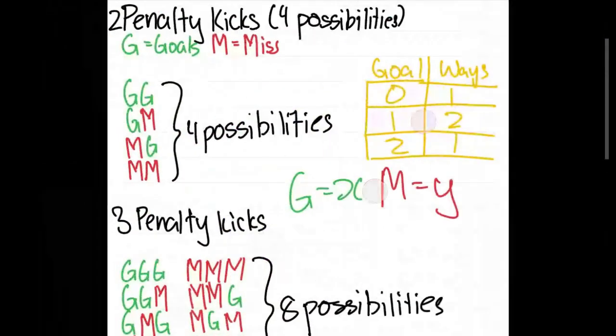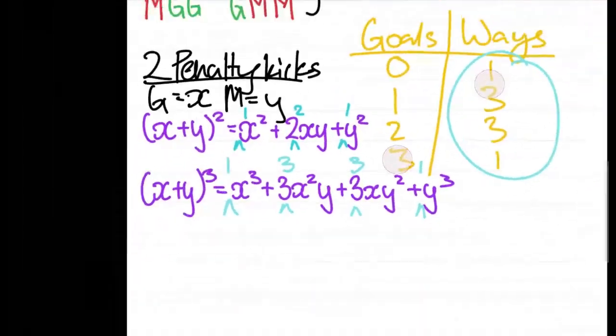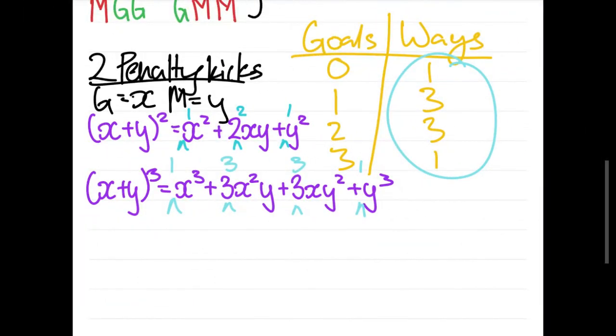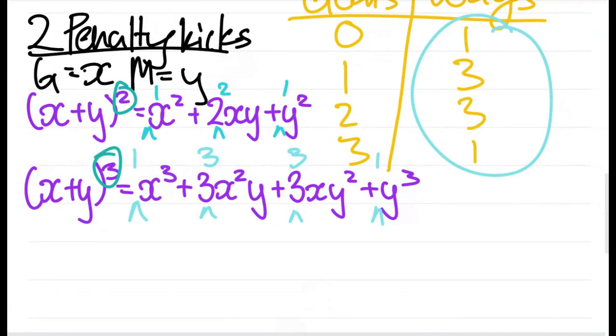And you realize that when we did the possibilities, it's also 1, 2, and 1. So is it fair to say that this power indicates the amount of penalty kicks you have? It's simple. And these will be the coefficients, your numbers of possibilities.